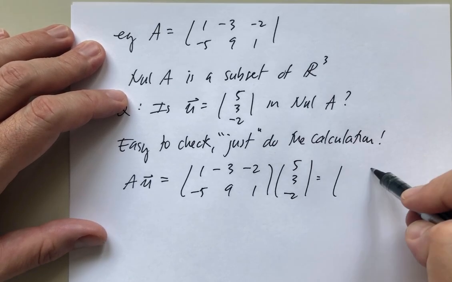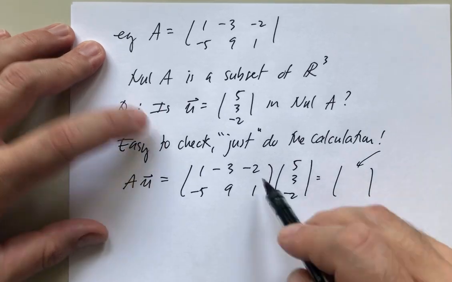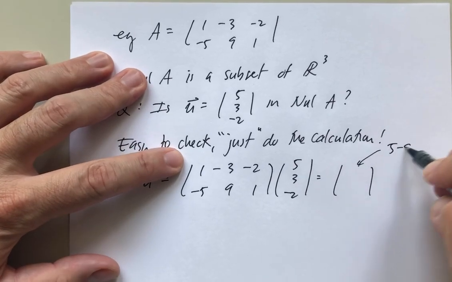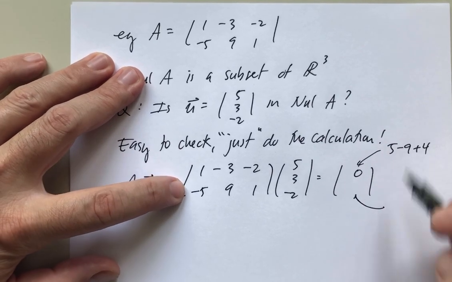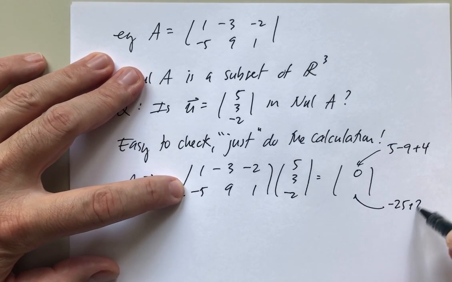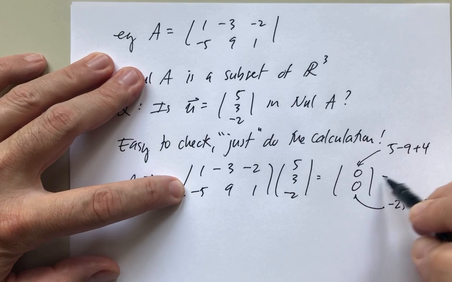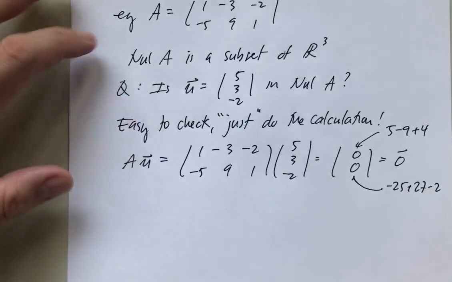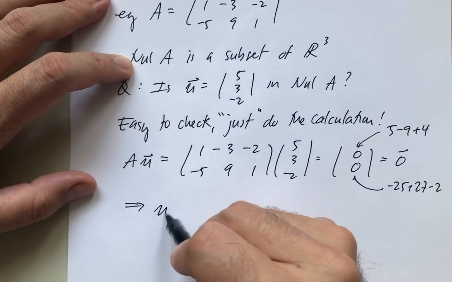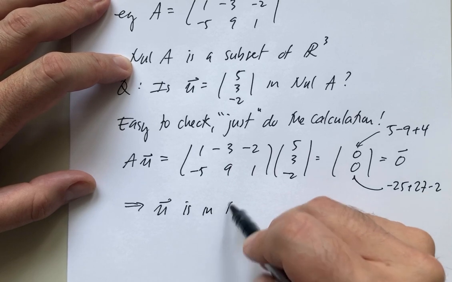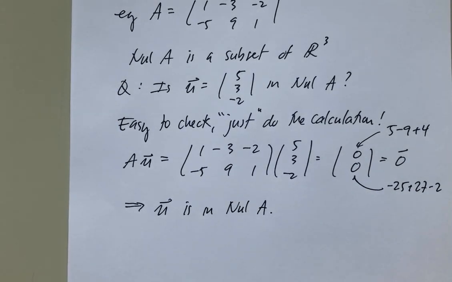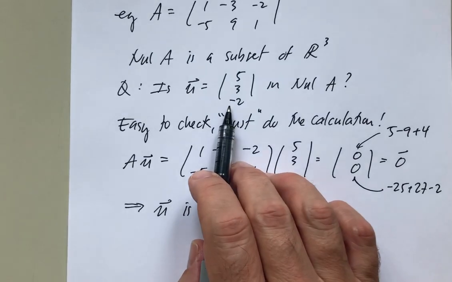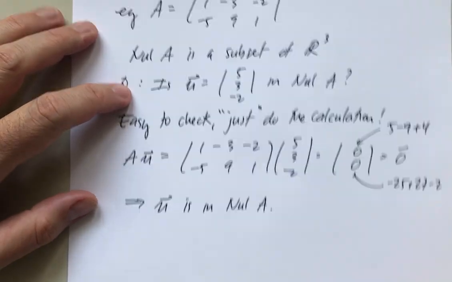Of course, this will have 2 entries. The first entry is 5 minus 9 plus 4, which indeed is 0. And the second entry is minus 25 plus 27 minus 2. Yep, it's 0. I get the zero vector, so indeed u is in the null space of A. So it's easy to check: if you give me a vector, it's easy to check if it's in the null space.